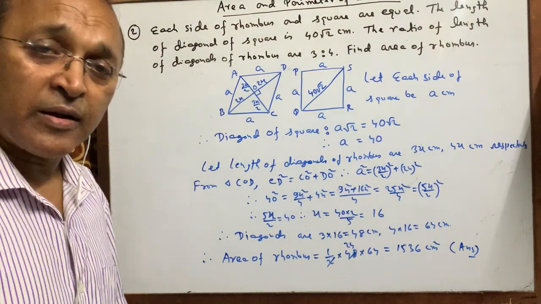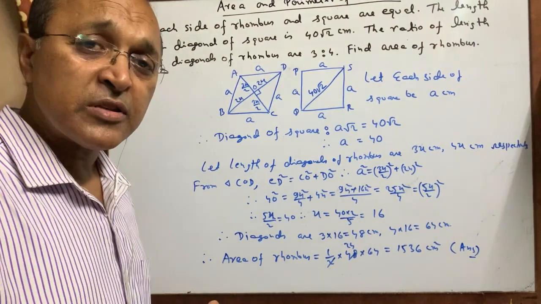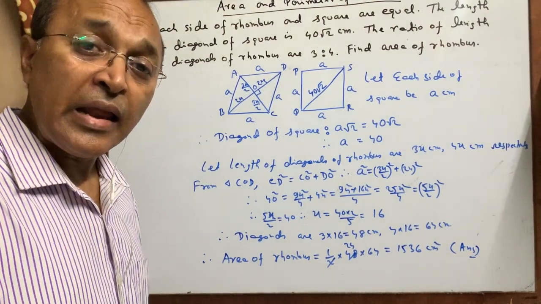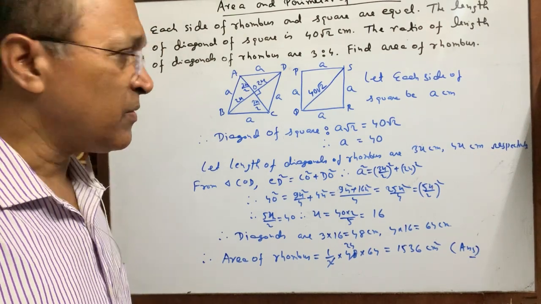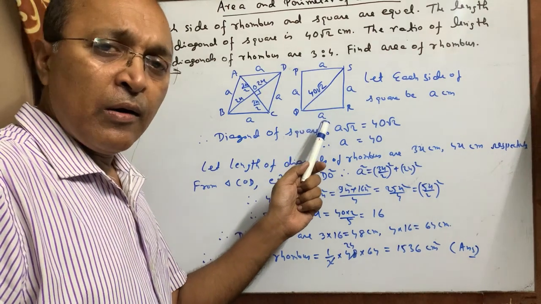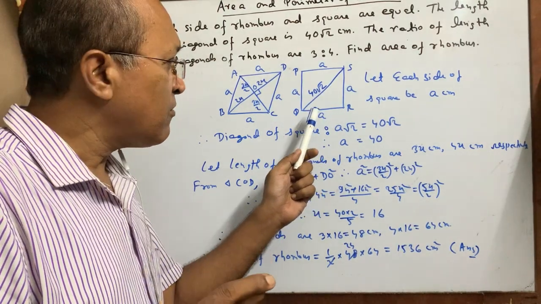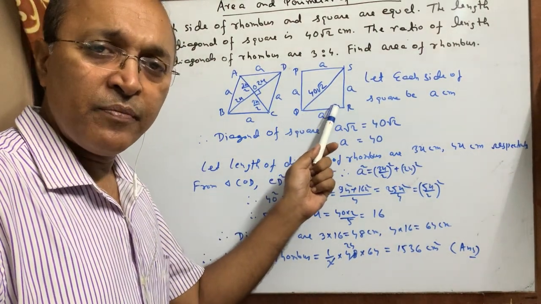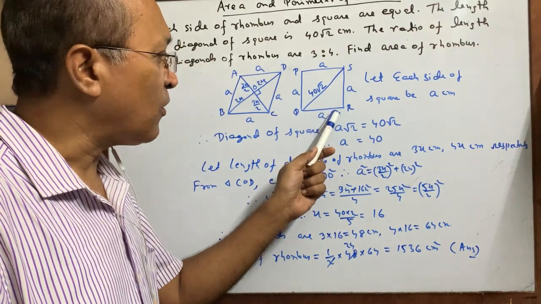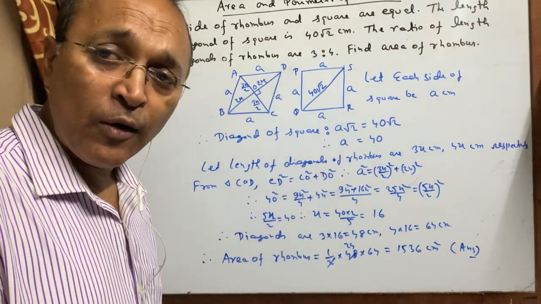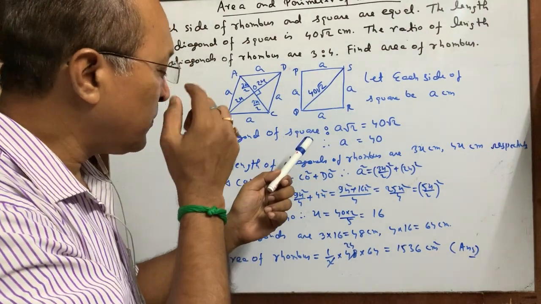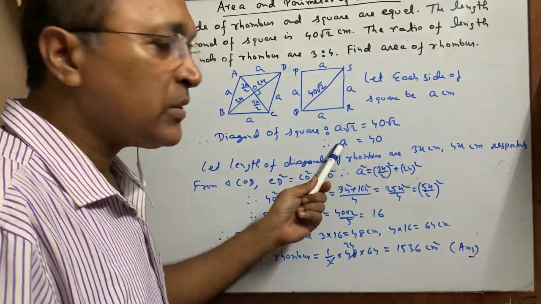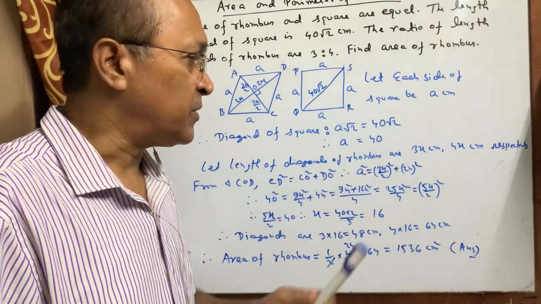So try to understand, this problem is a bit lengthy. Why is it lengthy? Because of the data given for the square. From that square, all of you know that diagonal of square means side root 2. So from that we have found the side as 40 centimeter.